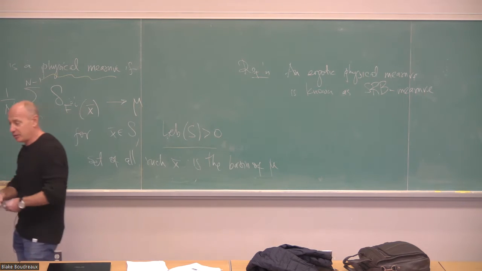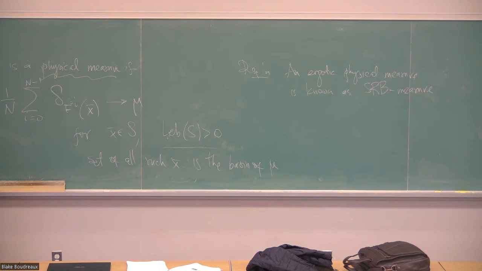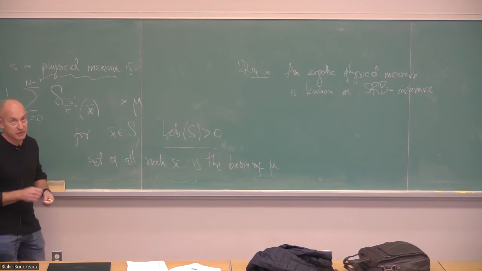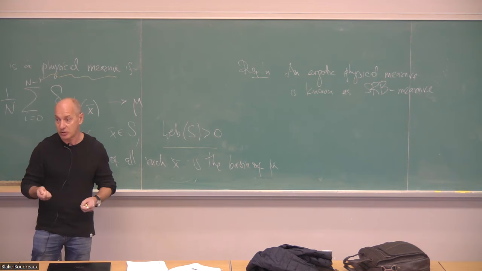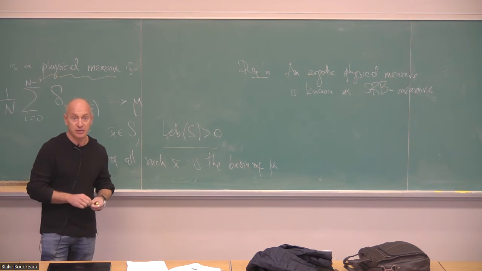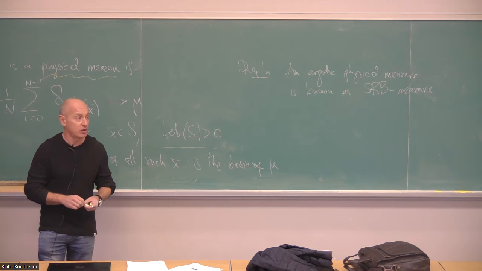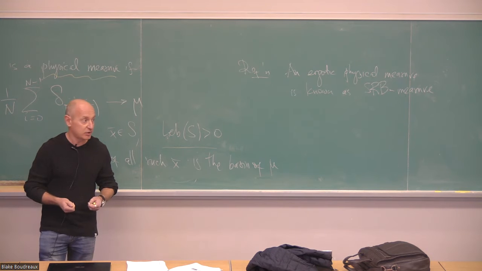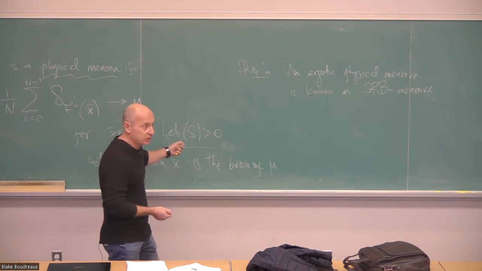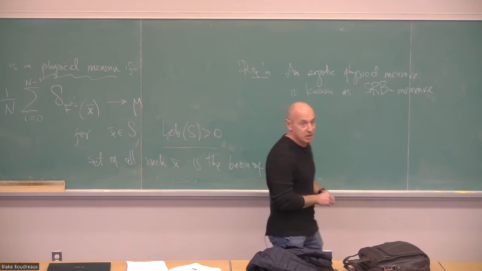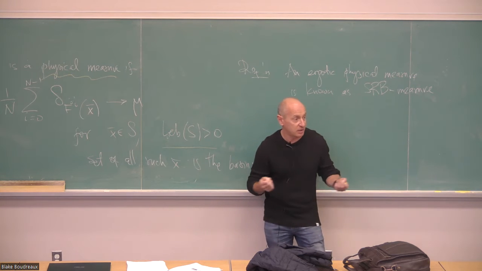But it doesn't have to be unique and there don't have to be finitely many. There are examples of polynomial maps of degree 2 in 2 dimensions due to Newhouse from the 1970s, for which there are countably many attracting periodic orbits. Each one of those, of course, corresponds to its own SRB measure. So there'll be a lot of them.